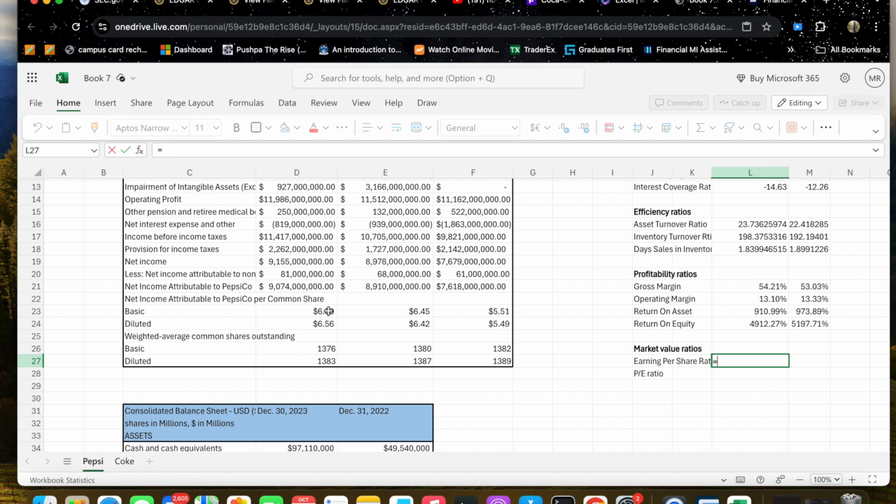Take the basic one. And then simply paste it.